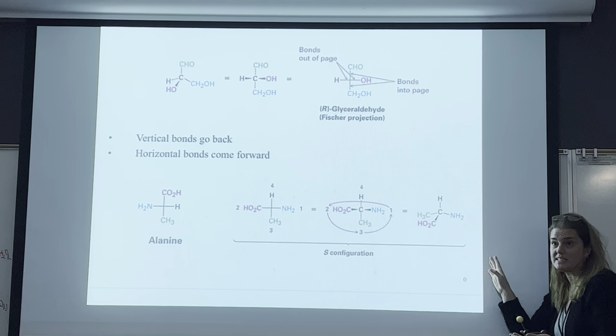Now with the Fischer projection, we said that the horizontal bonds, what does that mean in the Fischer projection? Is it going back or is it coming out at you? It's coming out at you. So if you were to draw in the dashes and wedges, you would do that. Okie dokie smokies? And that means that the vertical ones are doing what?